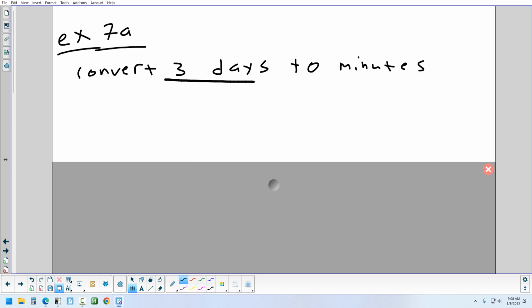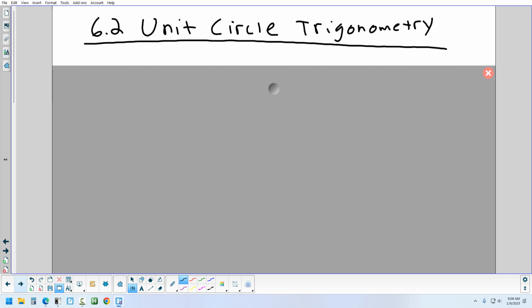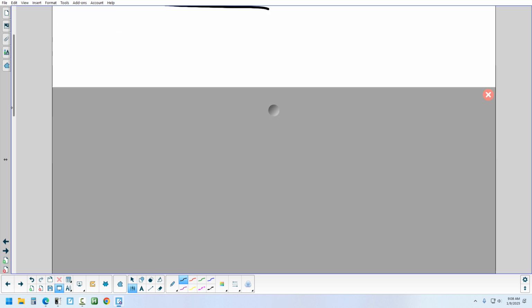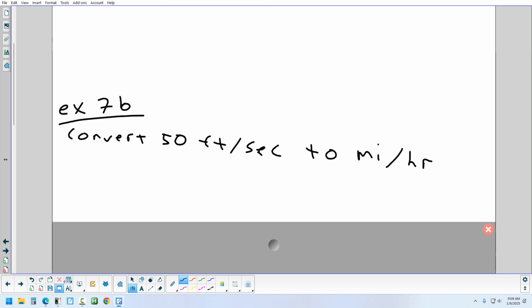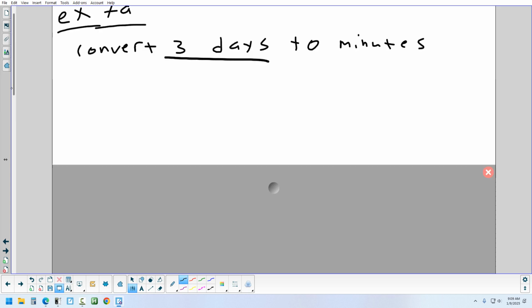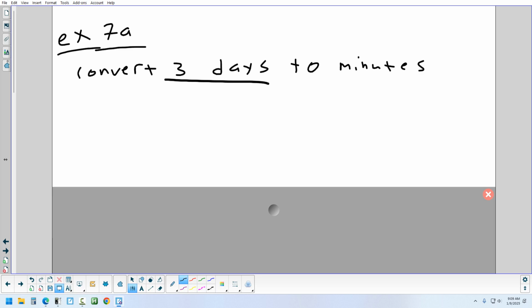Now, 3 days, okay, is that a speed? No, that's not even a speed yet. Next, we're going to look at a speed. A speed has a distance and a time with it. This just has distance. Okay, so it's a little bit easier.